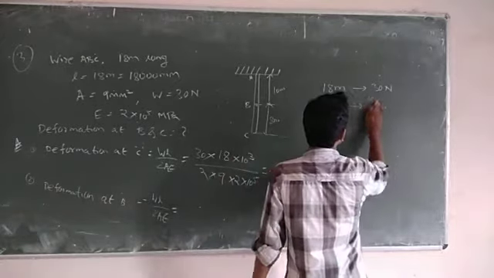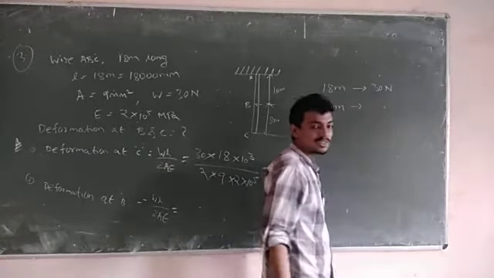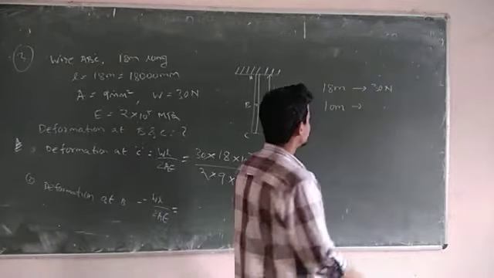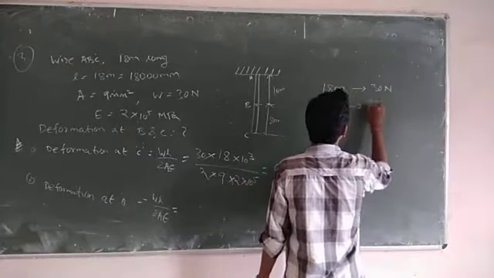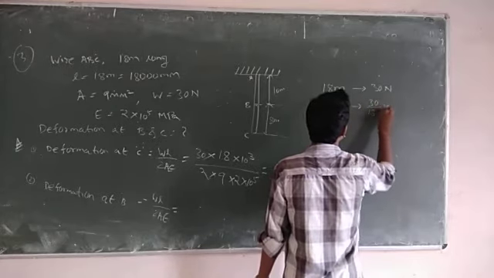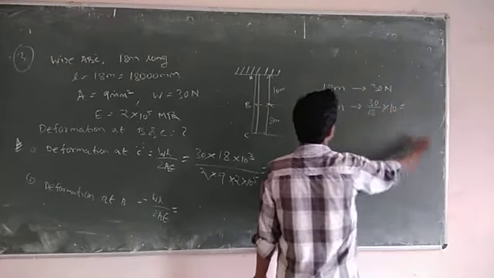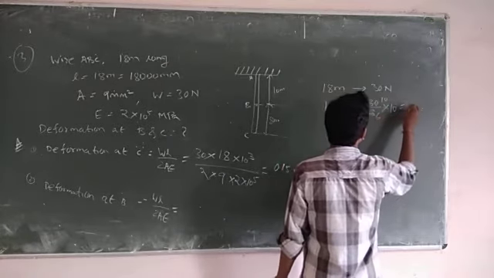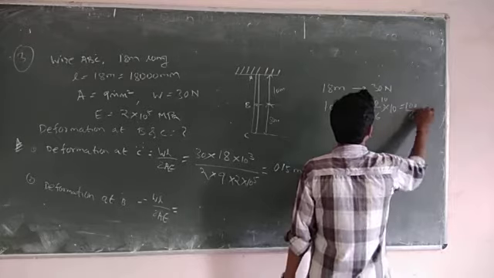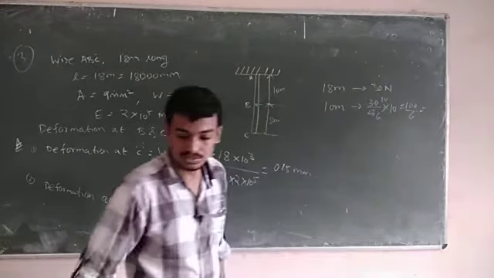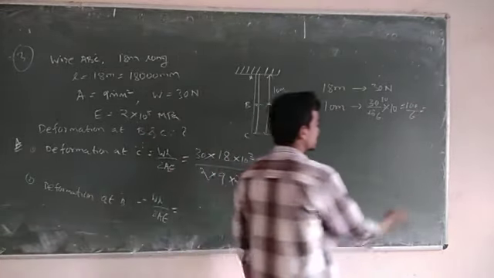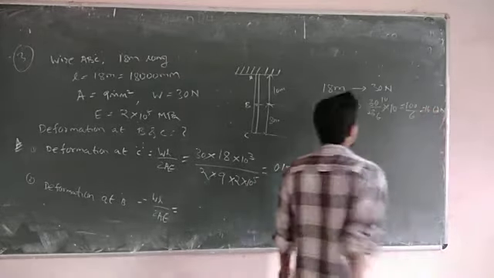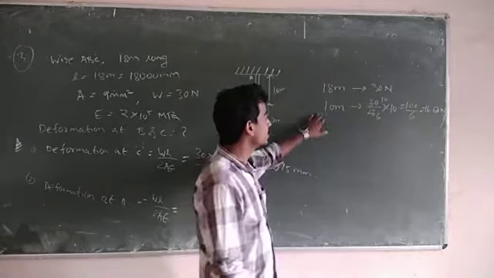Just like solving normal arithmetic, in aptitude, that will be 30 by 18 into 10, so 100 by 6. So it is coming around 16.667, 16.67 Newton.